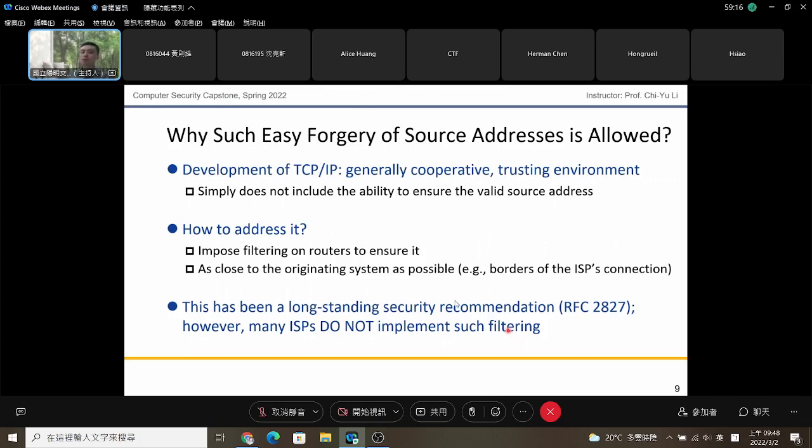So these ISPs would rather not deploy this kind of security mechanism, because even if source spoofing packets happen, these do not hurt the ISPs. They would rather see this kind of source spoofing happen, but they will not deploy the filtering to defend against these attacks, because their revenues will be hurt. Okay.